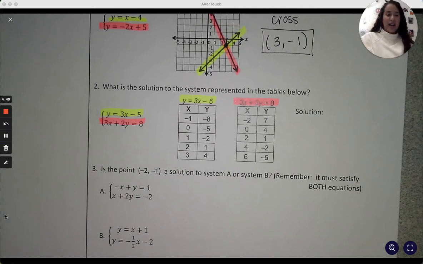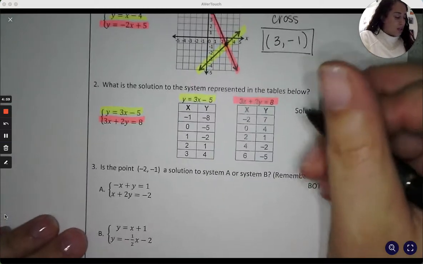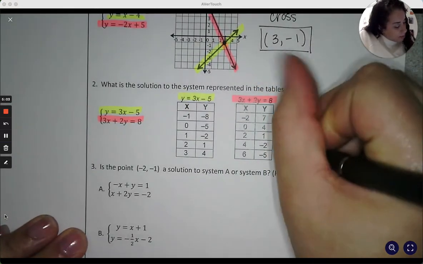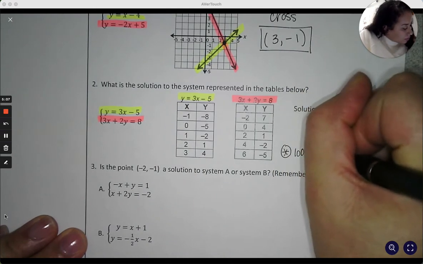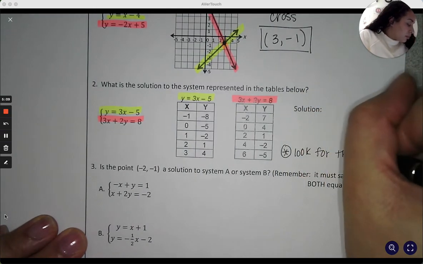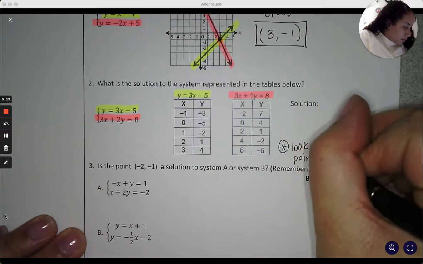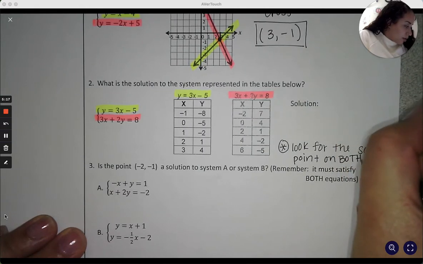Okay, so I just highlighted so you could see which equation goes to which table. So if you have two tables like this, to find a solution, look for the point they have in common. Okay, so look for the same point on both tables.